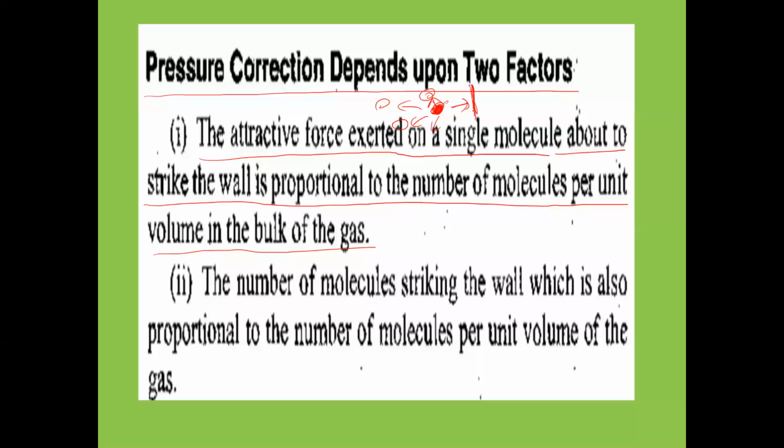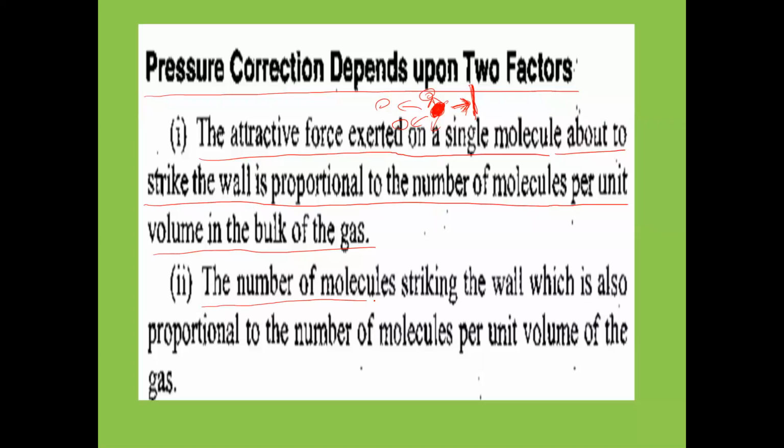On the wall of the container, the pressure exerted will be less if this gas molecule is attracted by more molecules. If a larger number of gas molecules are around this particular gas molecule, they will attract this given molecule. When the attractive force on this molecule by other molecules is greater, less pressure will be exerted. That's what they are saying. So the more gas molecules around it, the less pressure exerted. Keep that point in mind.